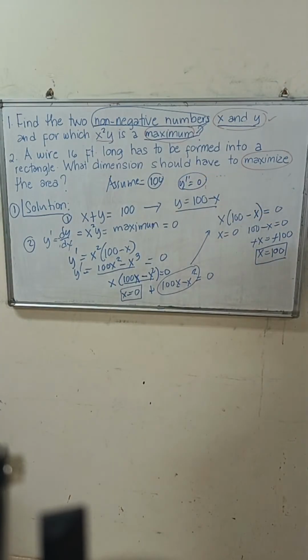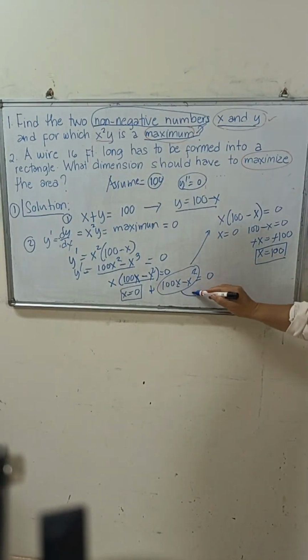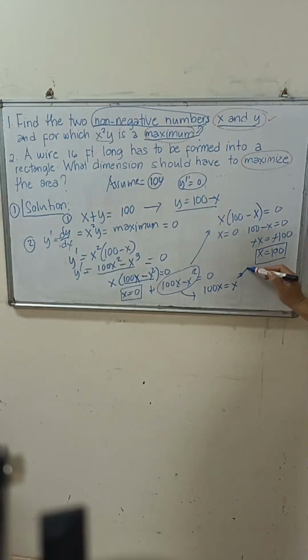Then here, guys, as I promised a while ago, this contains two methods. If you have 100x, then we can equate that directly to x squared. Cancel, so x equals 100 directly. No need to equate the x to 0 there. So there are two methods.